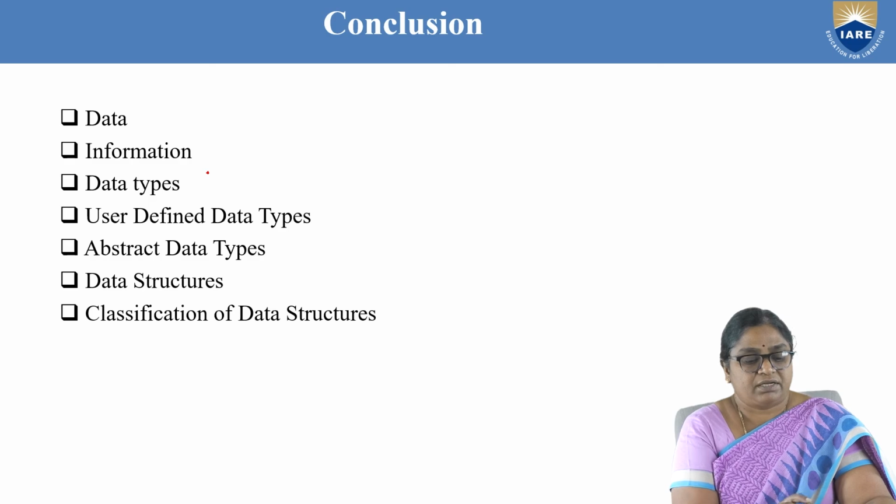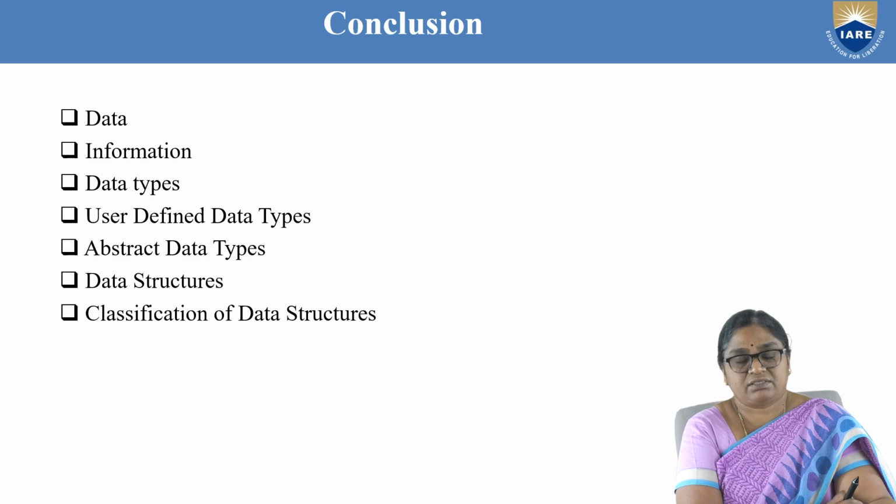And data types. Data types give two things: the domain values and the operations that we can perform on those values. Data types are also known as primitive data types or primitive data structures. Examples are int, float, character, boolean, etc.